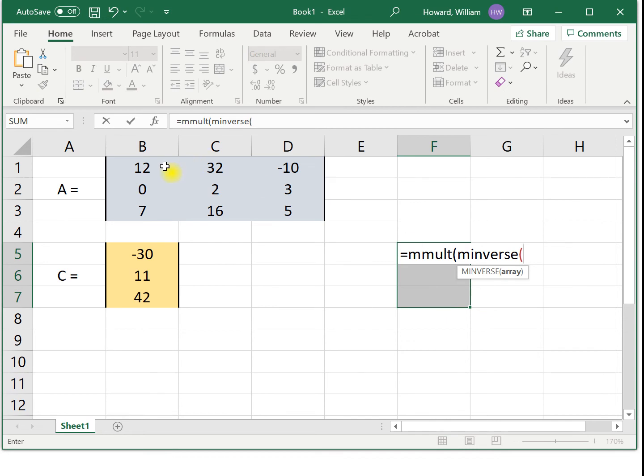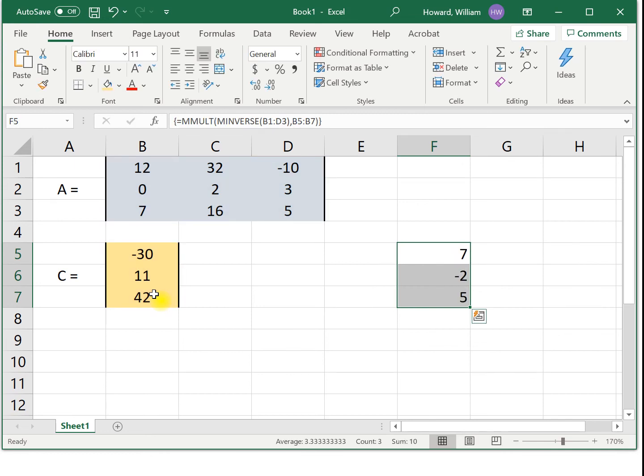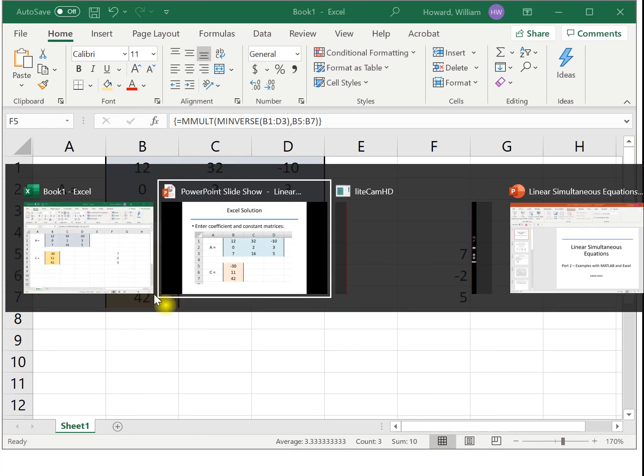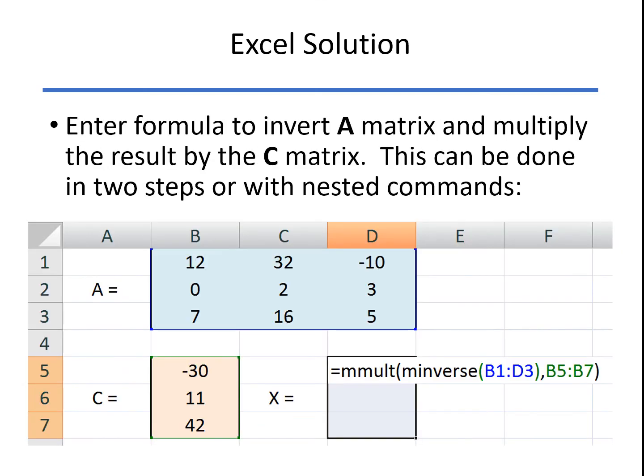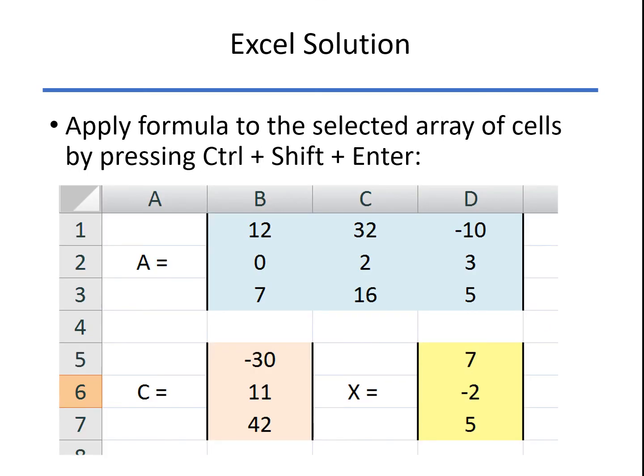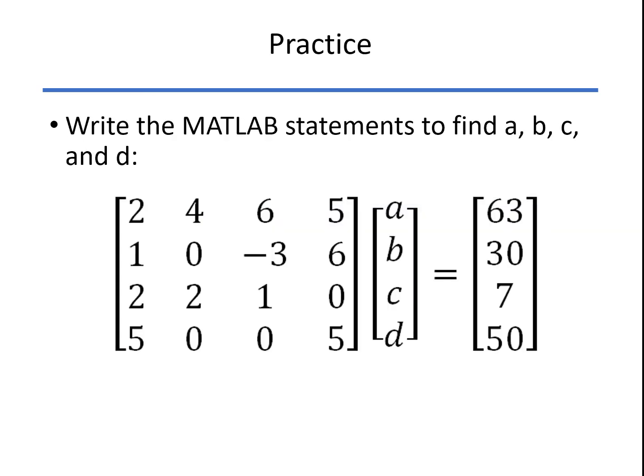So I'm taking the inverse of this matrix and I'm multiplying it by this matrix. Control Shift Enter, and again there's the answer. And again, if you want to color code those a little bit, they just do help the matrices stand out a little better.